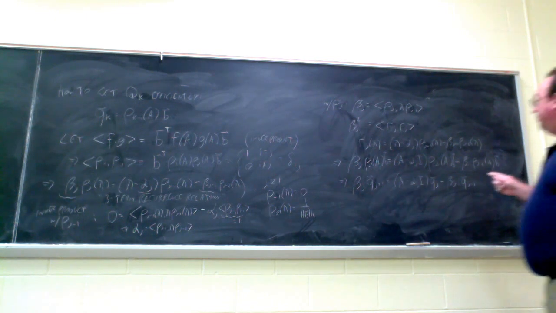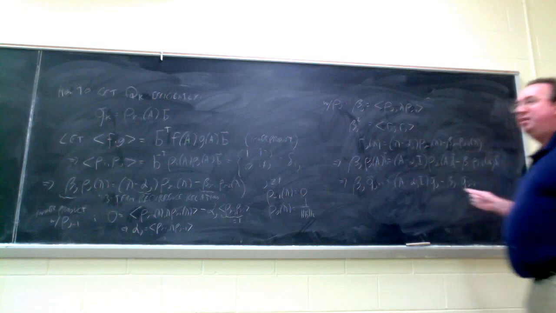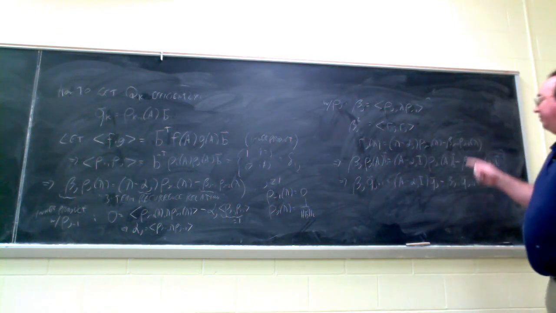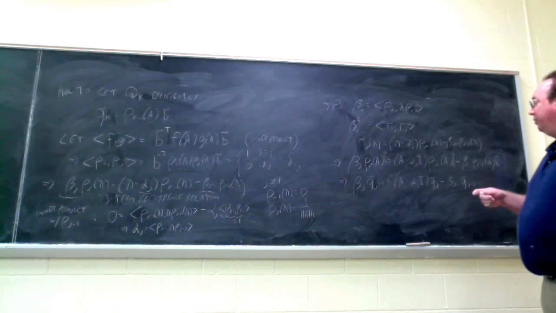So this shows how I can build my Krylov subspace basis by obtaining each vector from the previous two, and thus ensuring that they're orthonormal.